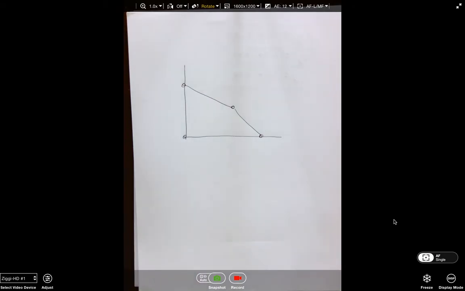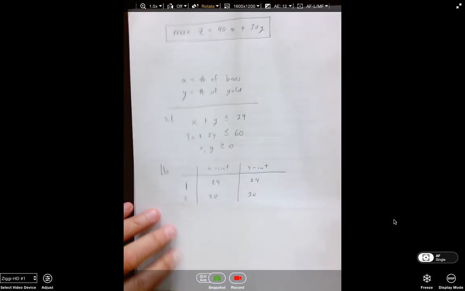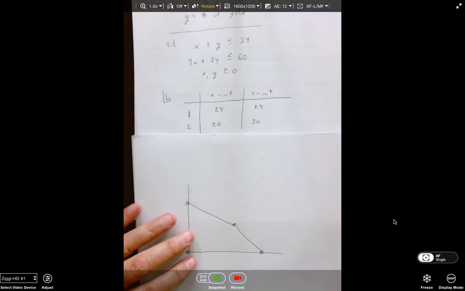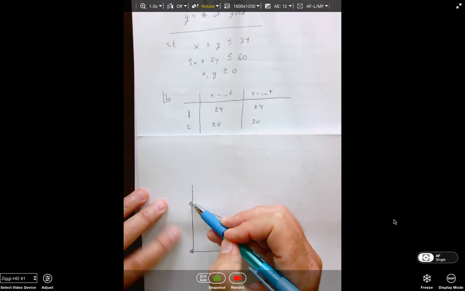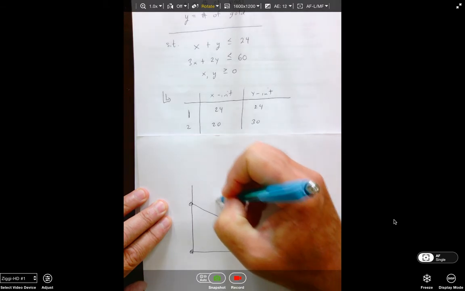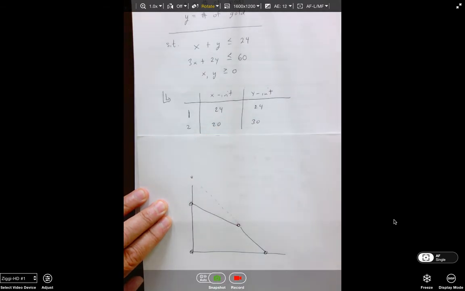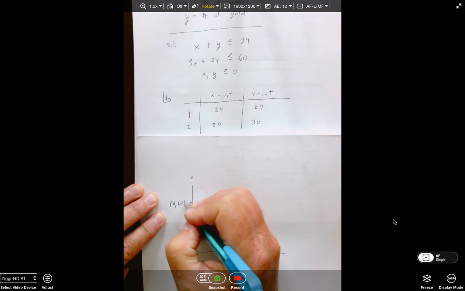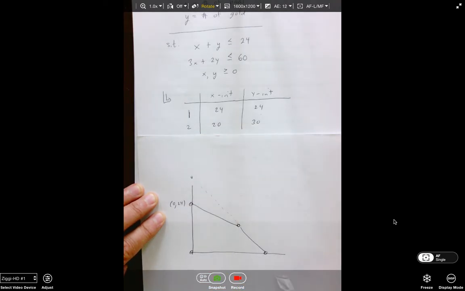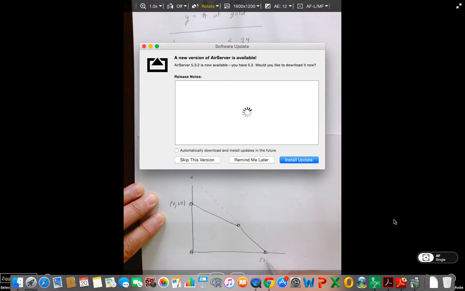Guys, the solution has to be one of those 4 points. Now I can use a little bit of common sense here and go back to my intercepts. I can see that this y-intercept has to be my lowest number because this line, if I extend it up, would be the highest y-intercept. So I know this value has to be 0, 24, my y-intercept. I know if I extend this line over, my x-intercept is going to be the biggest one, I need the smallest one, 20, 0.